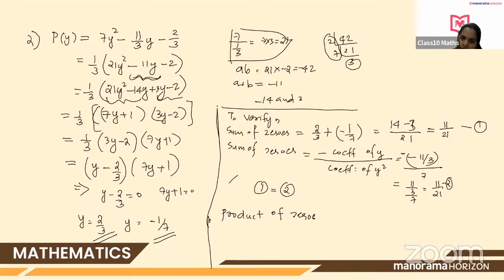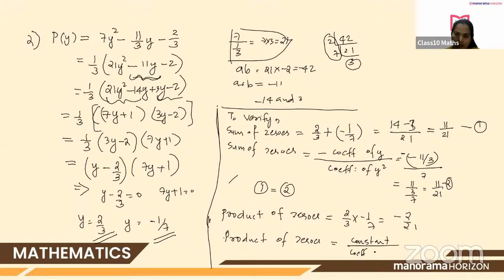And next is the product of zeros. The product of zeros is equal to 2 by 3 into minus 1 by 7, okay, which is equal to minus 2 by 21. And by formula, the product of zeros is equal to constant divided by coefficient of y square.